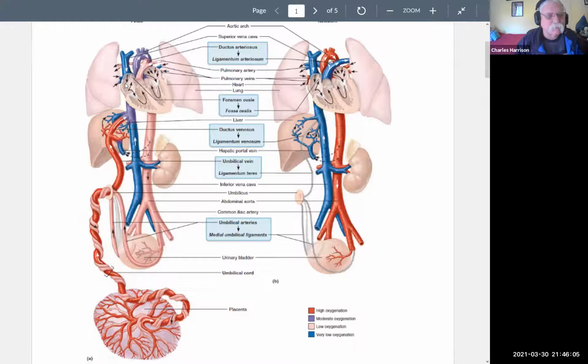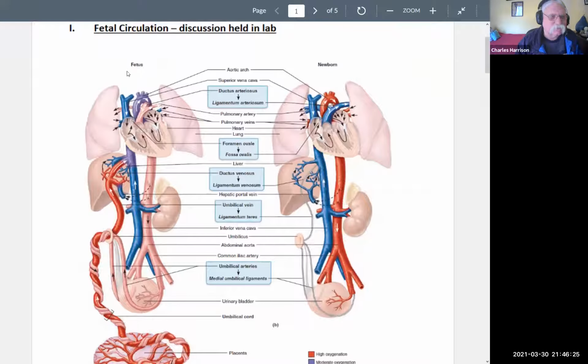Also coming from above, from the superior vena cava, the blood enters the right atrium. The blood from above is not coming directly from the placenta. It's making a circulation or circuit through the upper part of the body and then being retrieved. So the blood does enter here.